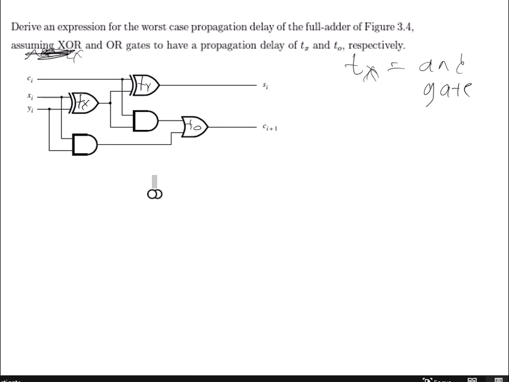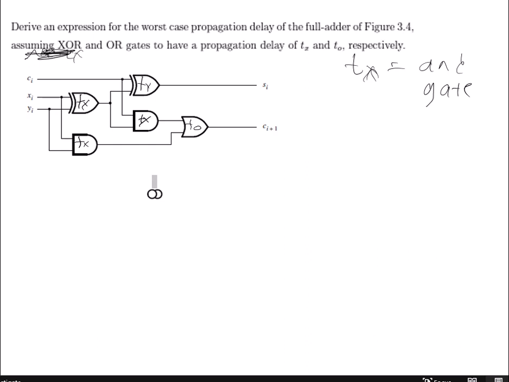The other thing that you could do without saying that is to say that it doesn't matter. We're going to say that the exclusive OR is always longer than the AND, in which case we'd always be using the Tx anyway. But that's just because of the way this particular one is set up. So we're just going to say these are also Tx.